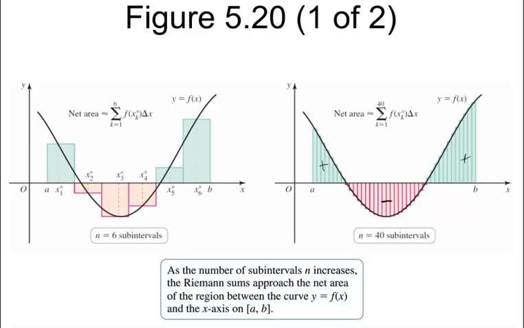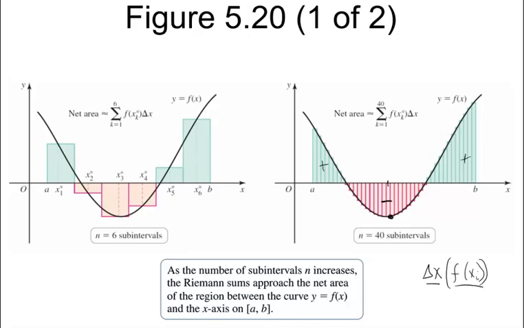That should make sense because the widths would all still be some delta x value. And the heights, if you plugged in f of some x value in here, it's going to give you a negative output, right? So you'd have a positive times a negative, which is a negative.